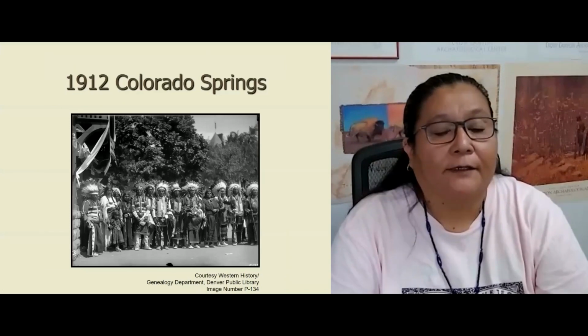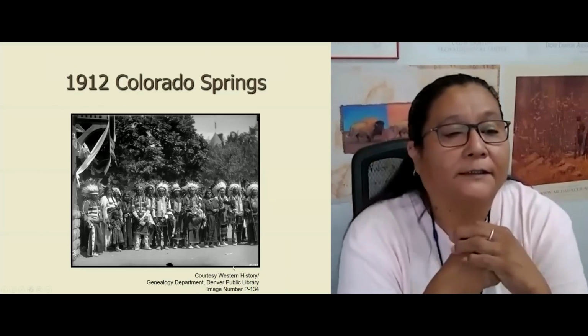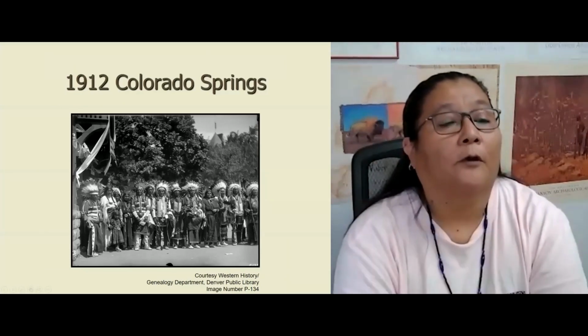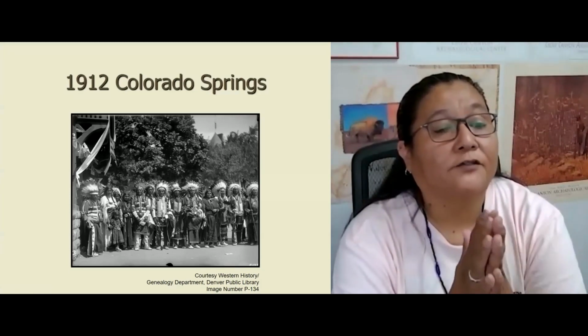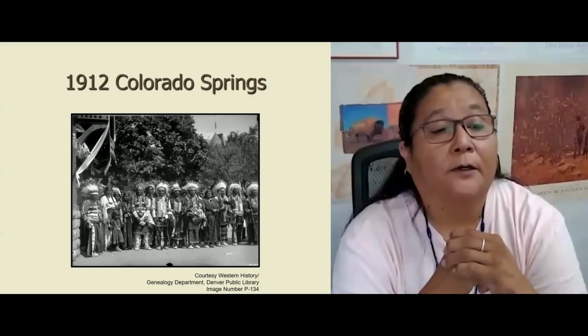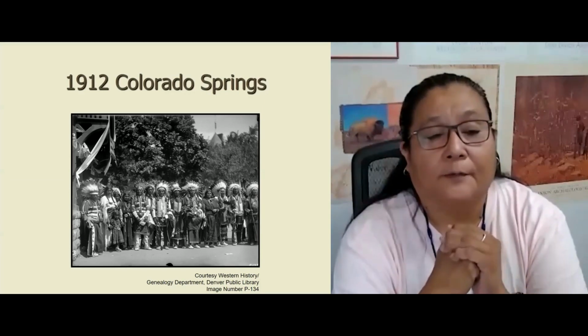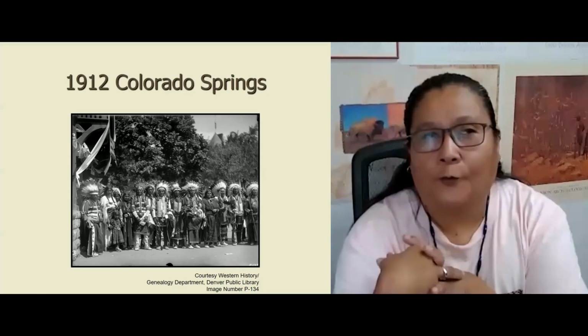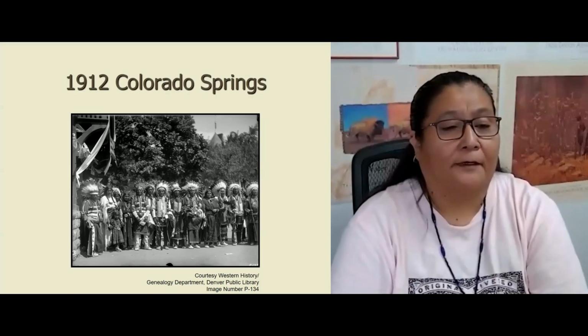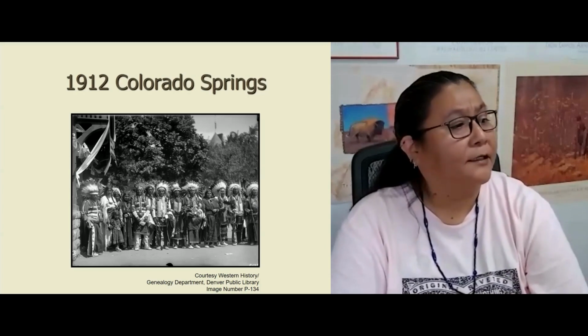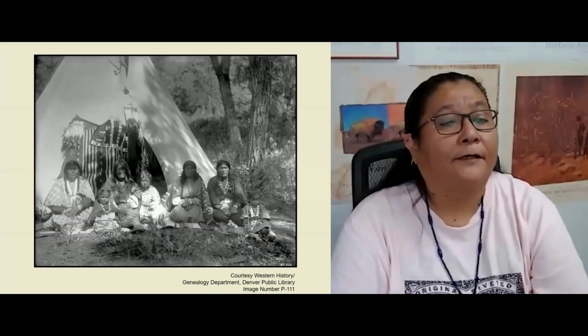So when they did this route and documented it, they had this whole party that was going on. So in 1912, there's Colorado Springs, where some of the old photos said they were in the old zoo. So I'm not sure where that is because I haven't looked it up. But you can see they're all there. Here's a photo.